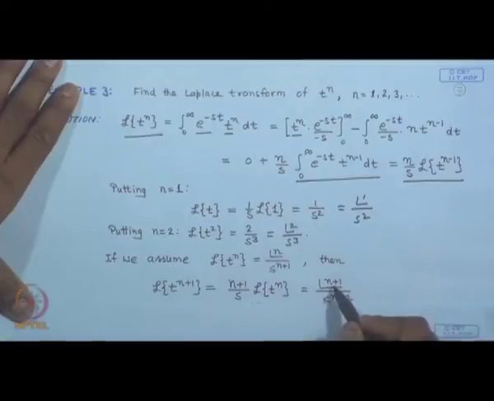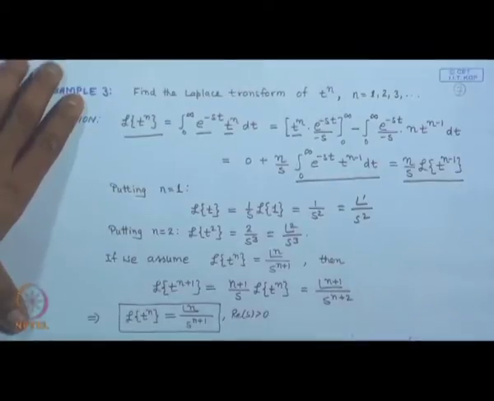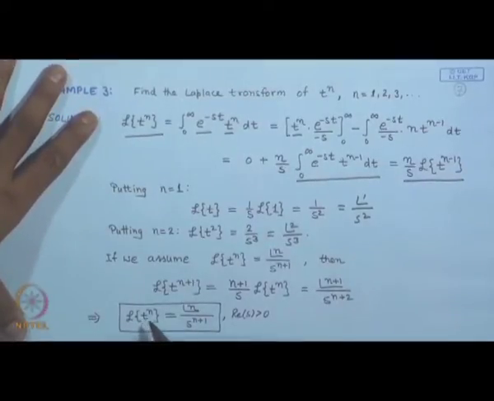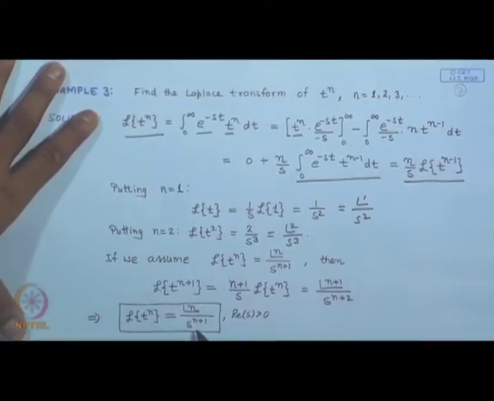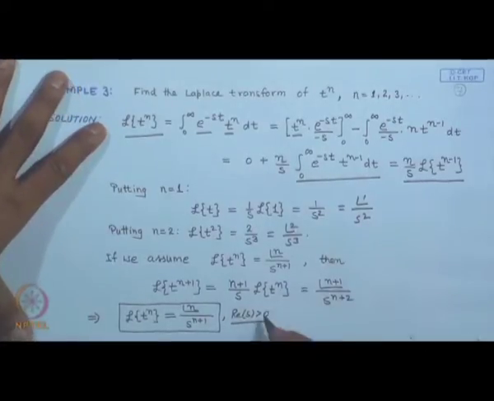So, we get this factorial n plus 1 over s n plus 2. So, we have this formula to get the Laplace transform of t n. Laplace of t n is factorial n over s n plus 1, and the real part of s is greater than 0.